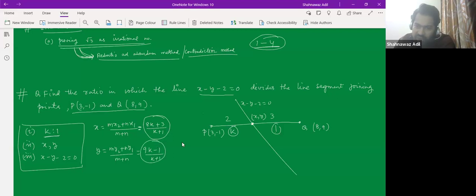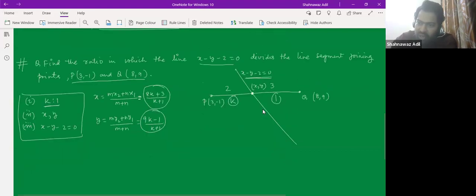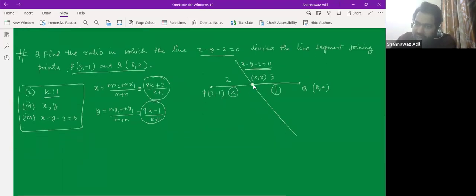We can put this value in this equation, because this line is passing through this point, so this will have this solution. So if we write it here: 8k plus 3 by k plus 1 minus 9k minus 1 by k plus 1, and let us write it as 2.